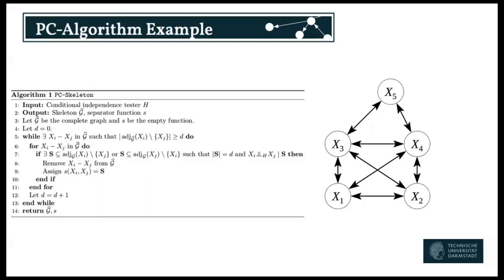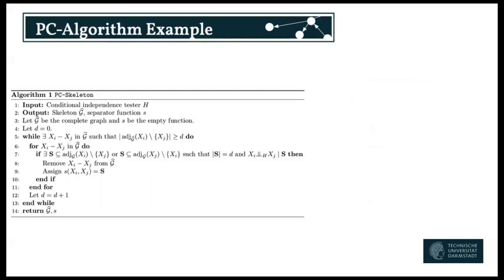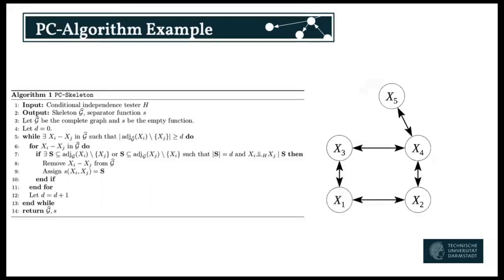And now we increase the size of our conditioning set. Now we include one variable in our conditioning set, and we iterate over all possible variants of putting one variable in our conditioning set, which again gives us another reduction, which already represents the skeleton, at least, of our SCM as we have seen before.